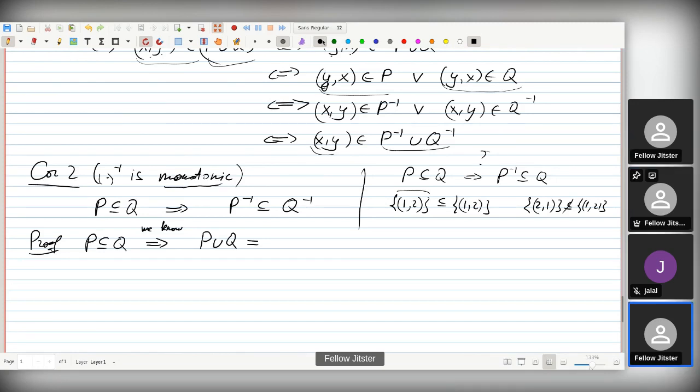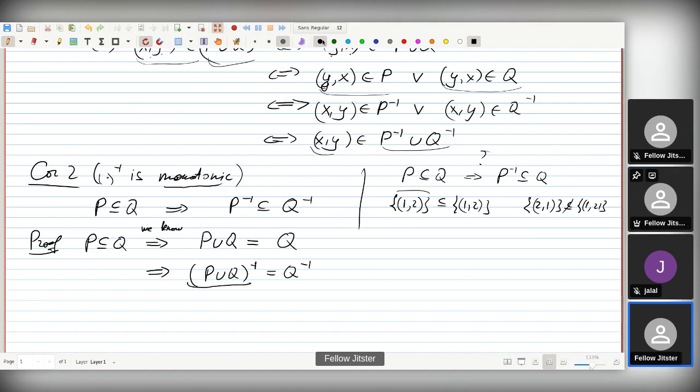Equal to Q. Exactly. But equal sets behave identically. So the converses of the left-hand side and the right-hand side must be identical. Is it clear?